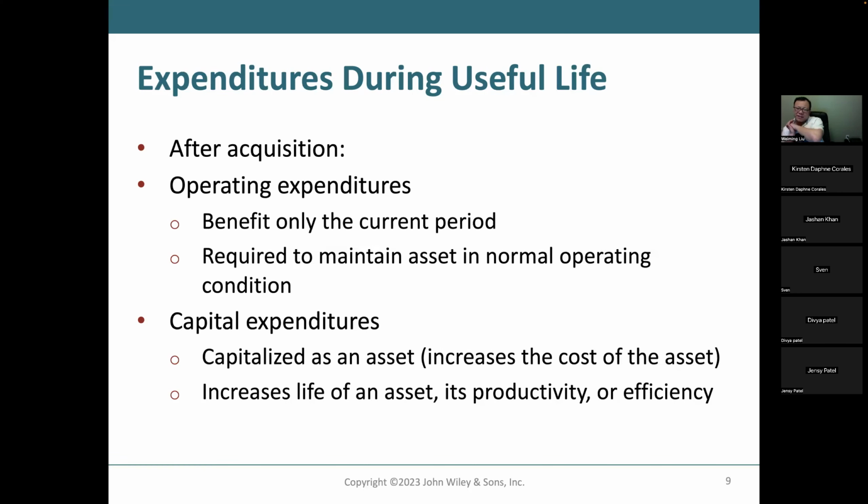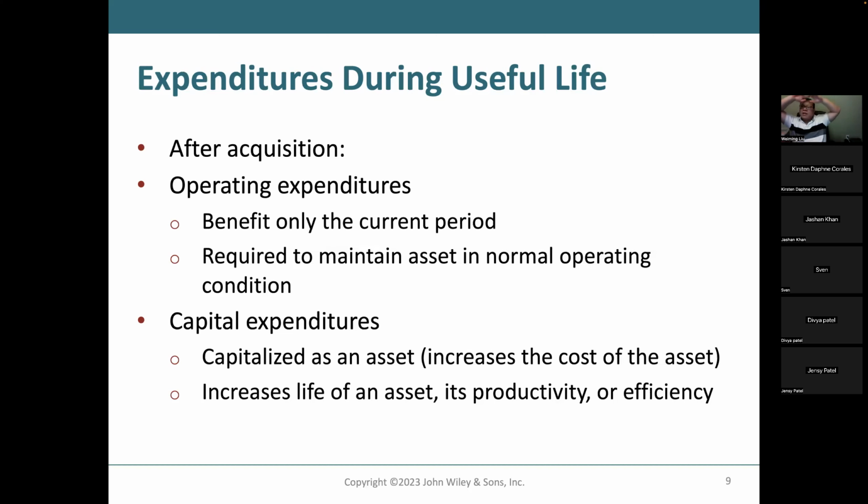But expenses is an item on the income statement. You remember that on the income statement, you have revenue and expenses, right? So expenditure is not the same thing as expenses.